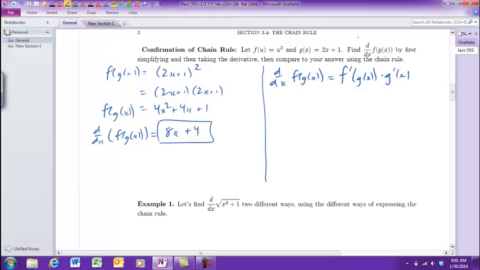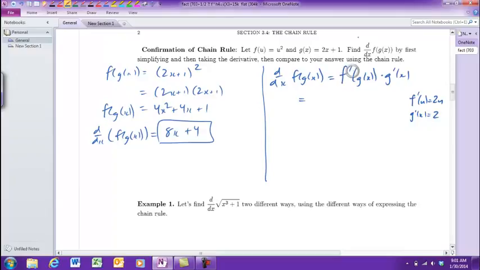And let's see, I've got my f of u here, so if I do f prime of u, that's equal to 2u, the 2 just comes down, and then g prime of x is equal to just 2, because the 2 comes from the 2x and the 1 goes to 0.